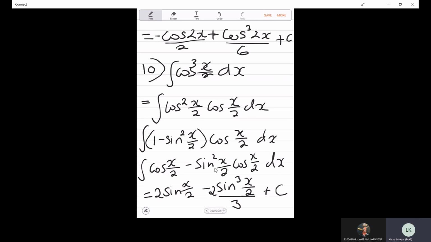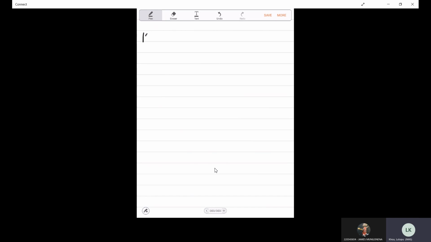And then number 14, let me see, what does number 14 look like? Okay, let's do number 14 very quickly. Number 14, we have the integral of cos to the power of 5 of 3x dx.